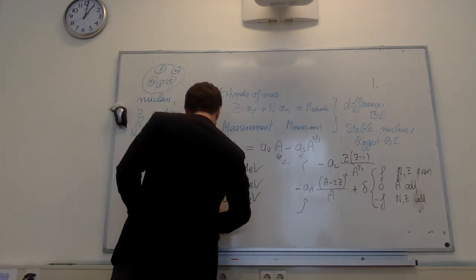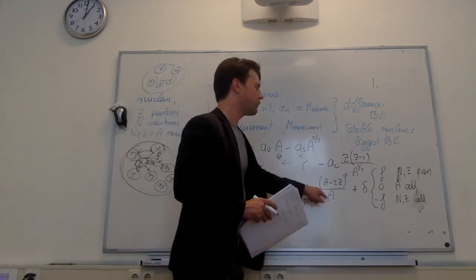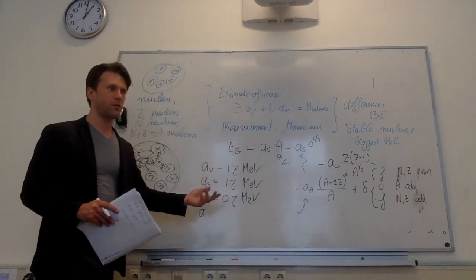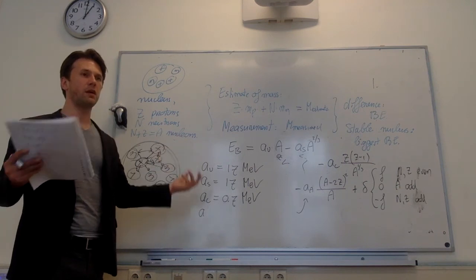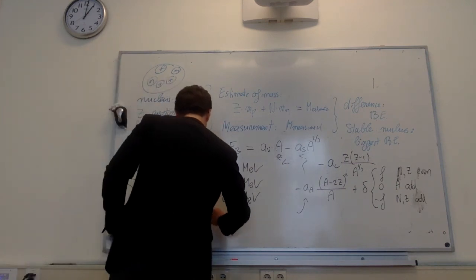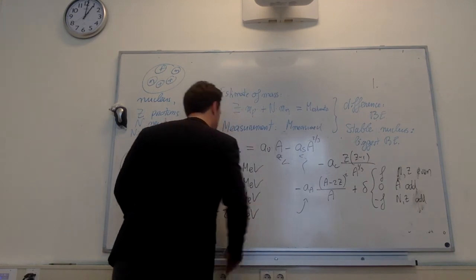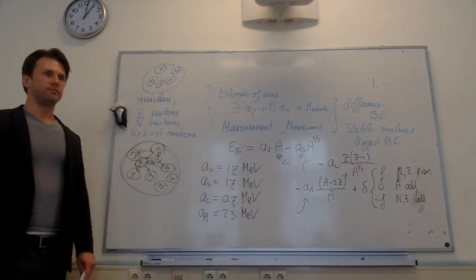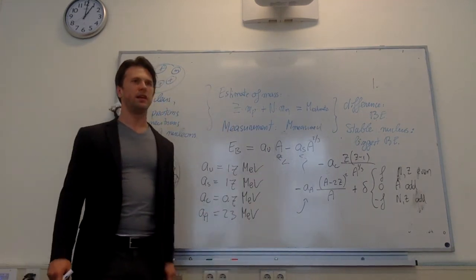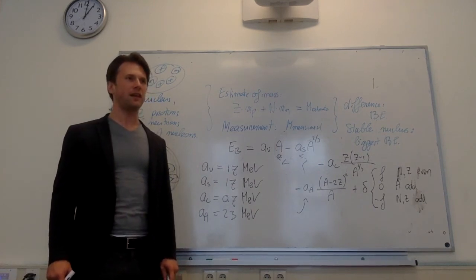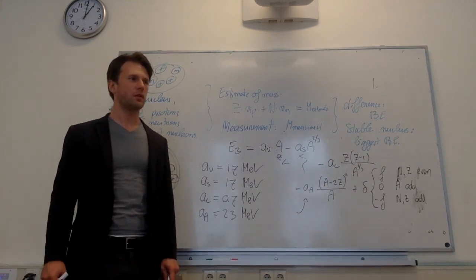Then the next one, it's called the asymmetry term. It contributes at the moment that the neutrons and protons don't have the same amount. Asymmetry term, that one is actually the biggest. And again, we fully understand that now by the nuclear shell model.